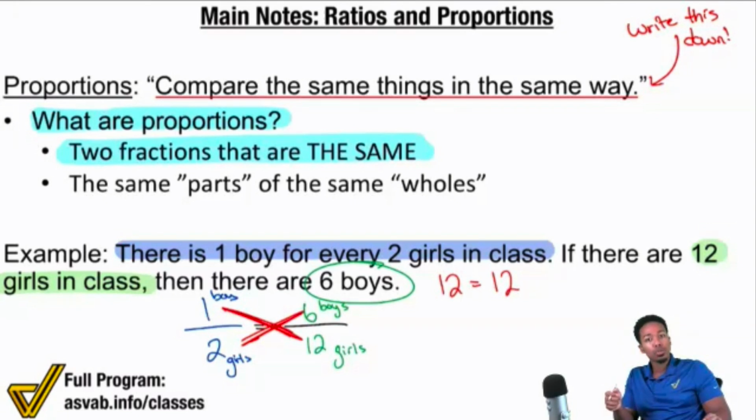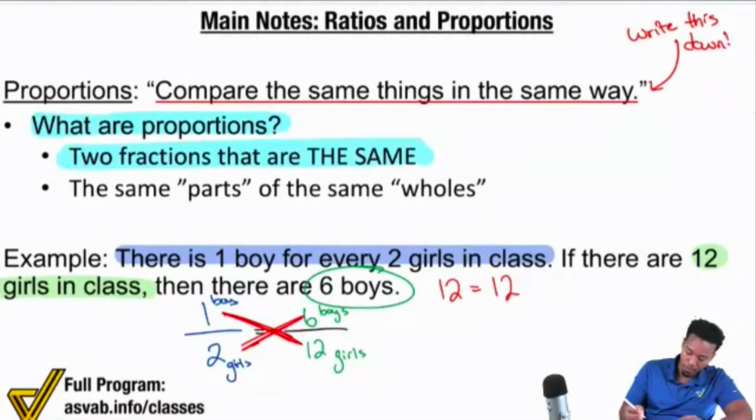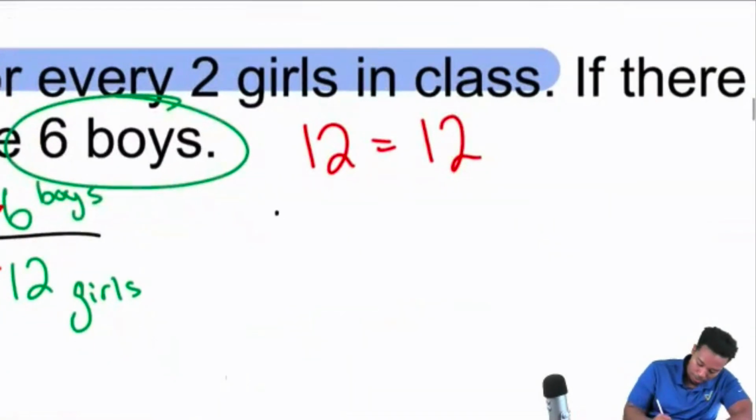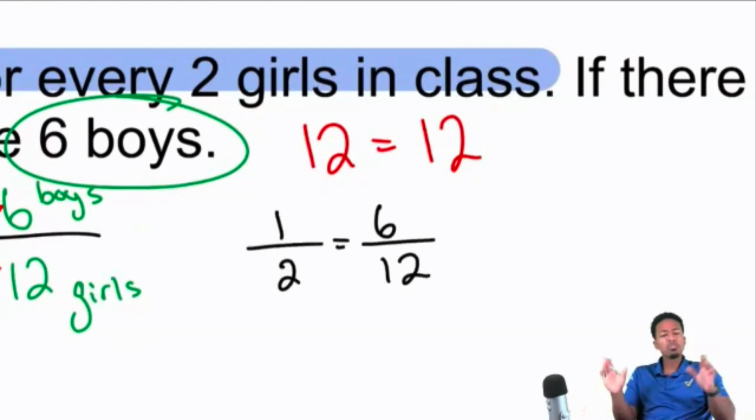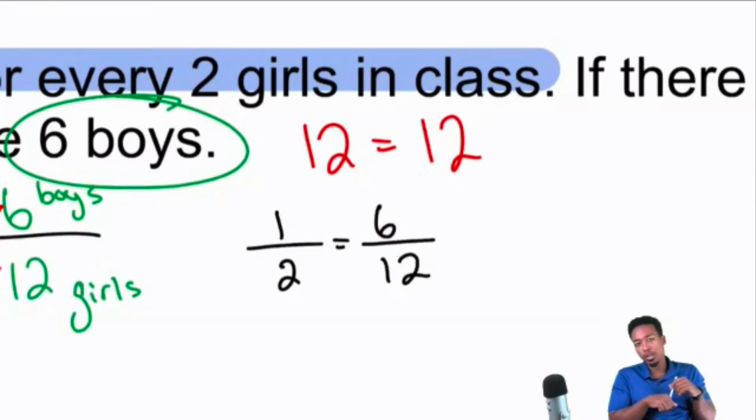But I want to show you the other ways that a proportion can work. So allow me to start blowing some minds here. Over here, we're going to place 1 over 2, 6 over 12. So remember this, everybody. One of the ways to solve a proportion is cross multiplying and dividing. We all know that, but I've got to show you the other ways too.